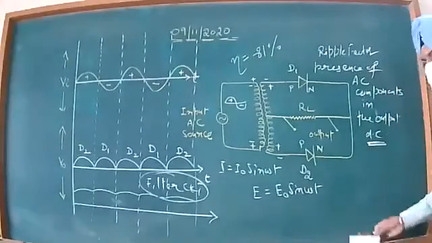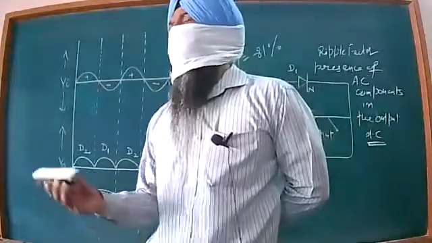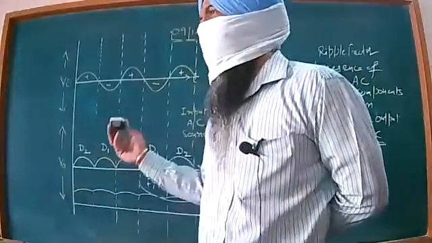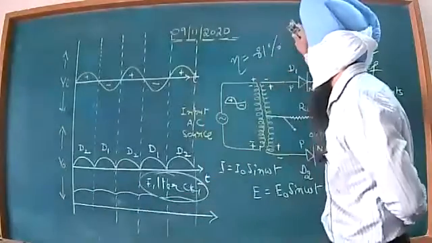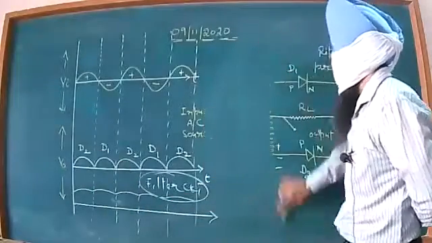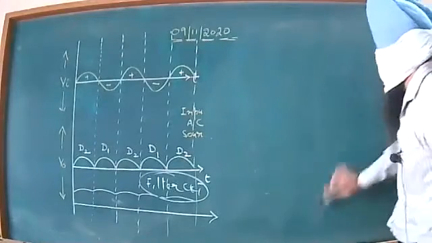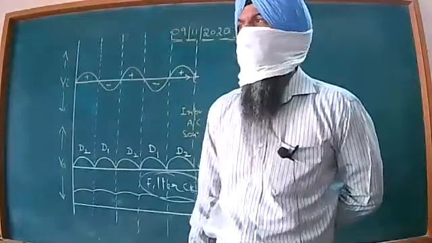Now, after this, yesterday I was seeing some previous year question paper, CBSE 12th standard, and I came across a question in that paper that was asking the static as well as the dynamic resistance of the PN junction diode.